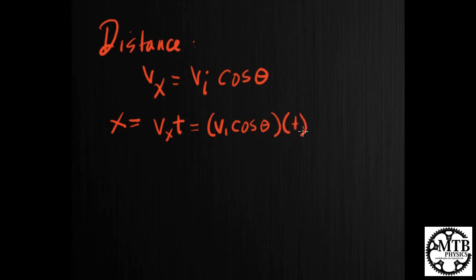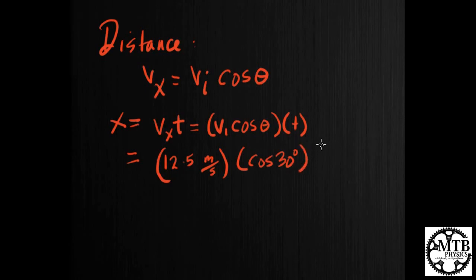Plug in our values: 12.5 meters per second times cosine of 30 degrees times 1.27 seconds. Our rider in this instance should be able to clear a gap of 13.7 meters.